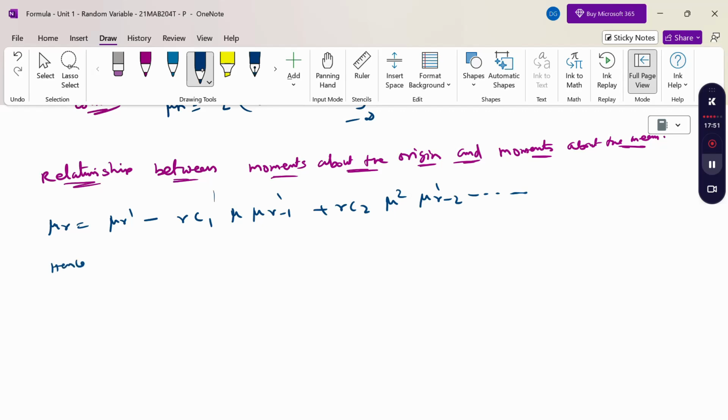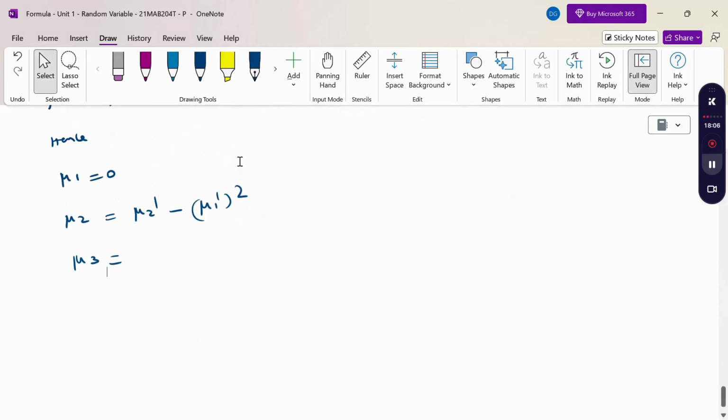From this general form, mu 1 value is 0, mu 2 is the variance, mu 2 equal to mu 2 dash minus mu 1 dash square. Then mu 3 equal to mu 3 dash minus 3 mu 2 dash mu 1 dash plus 2 mu 1 dash cube.